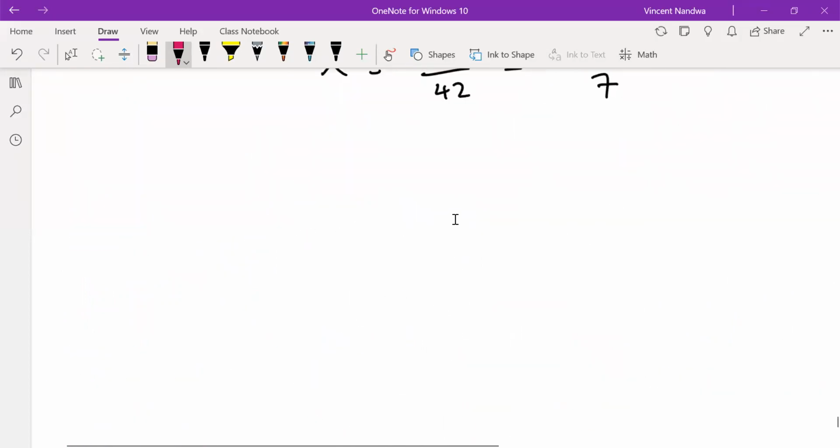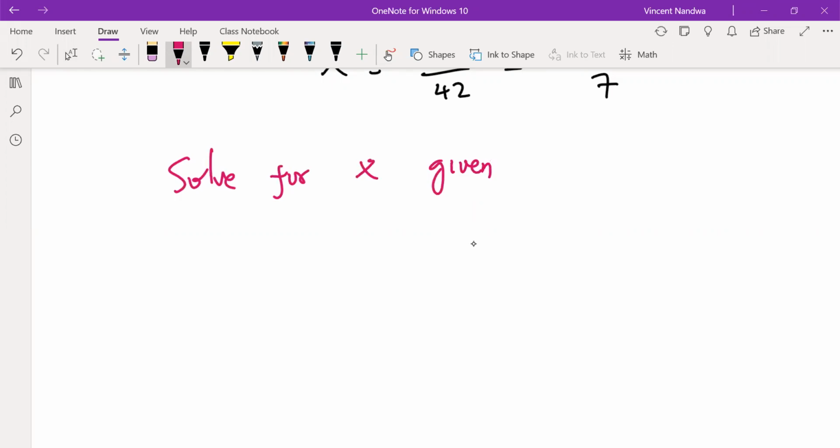And then question 5. We have solve for x given 4 over x minus 3 plus 2 over x equals 6 over x minus 5.